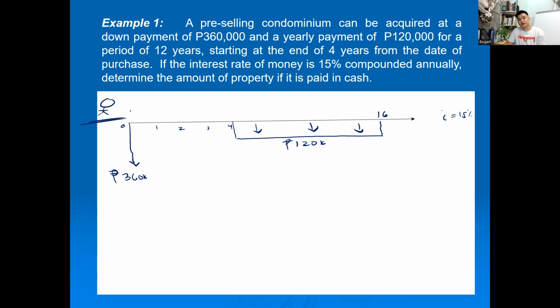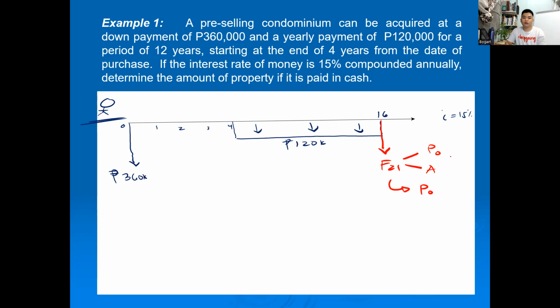Dalawang approach. Kailangan makuha natin ito. Makuha natin yung value. Kulayan natin ng red. Si F21 coming from both the present worth and then the annuity. And then eventually, tsaka na from F21, kukunin natin yung totoong down payment.